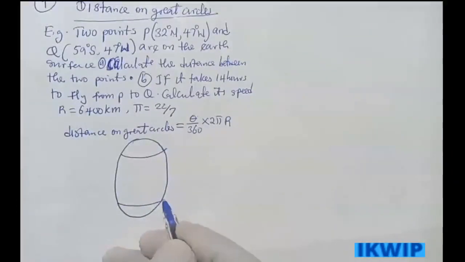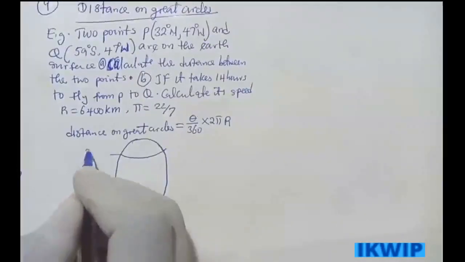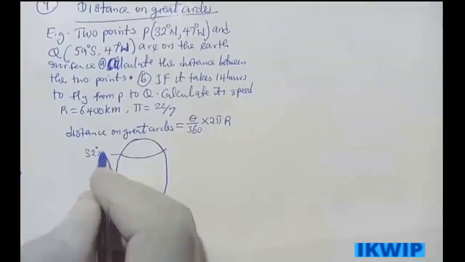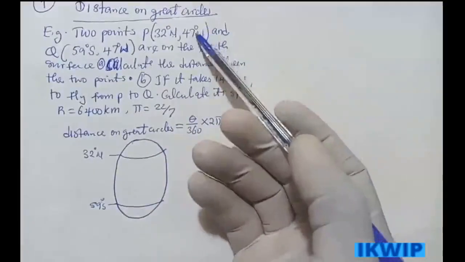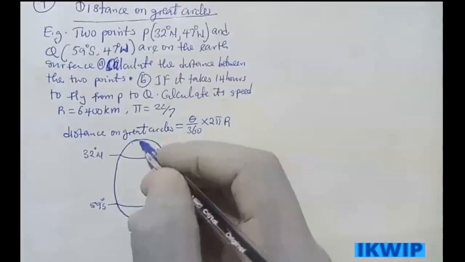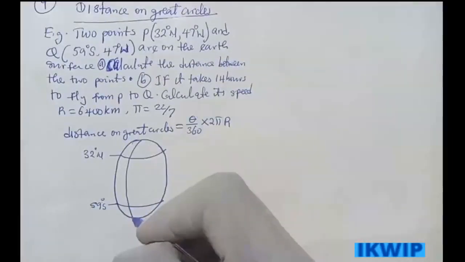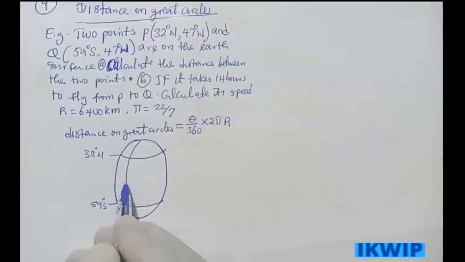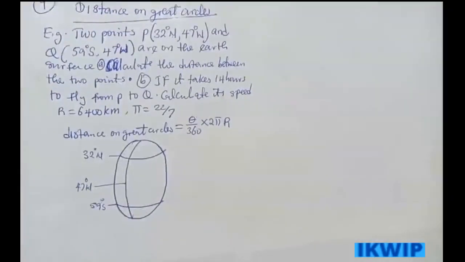So this is 59 degrees south, this is 32 degrees north. Now my longitude, 47 west. The same longitude from here. This is my west. So the longitude here is 47 degrees west.